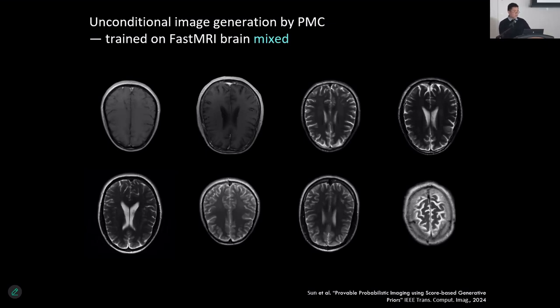We also verify our score by running our PMC algorithm without any forward model, so it's like unconditional generation. As you can see, this score is amazingly good, in my opinion, because we don't tell the score to generate T1 or T2. It just captures the statistics, which is quite amazing. This is the slide I would like to share.